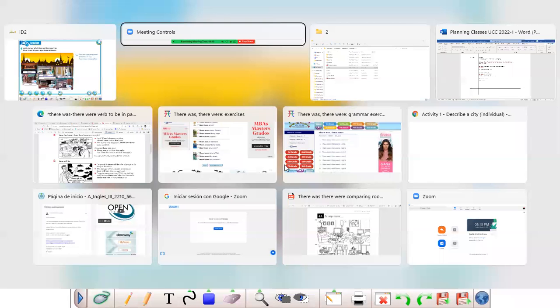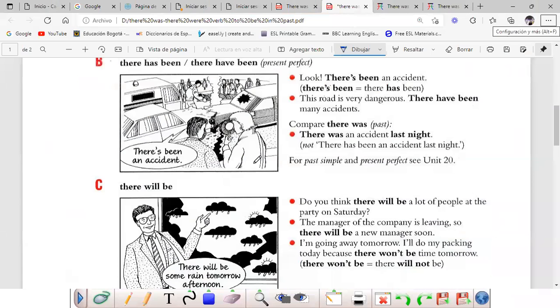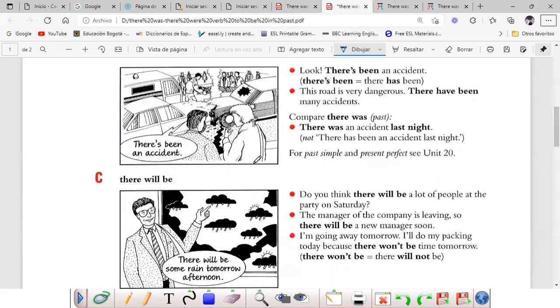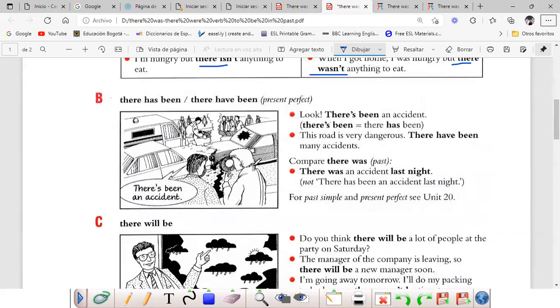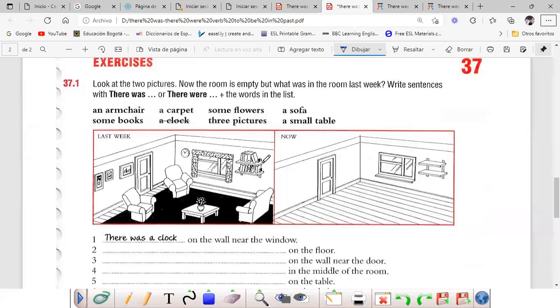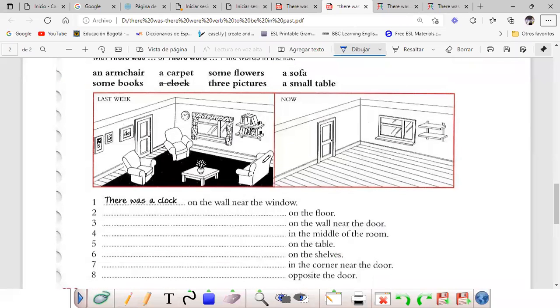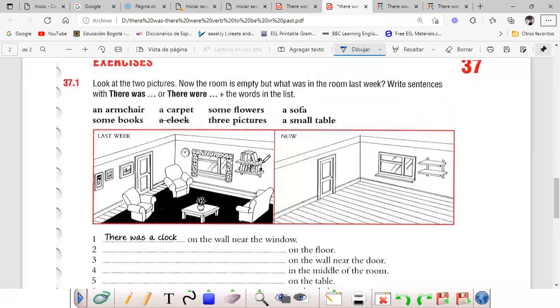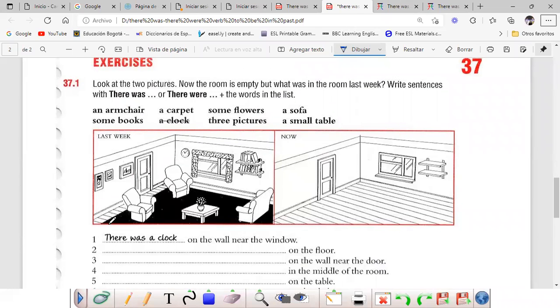Let me go back in here. Okay, so as we're going to compare things, in here we have a room from last week and a room now. So present and past again, all the time.